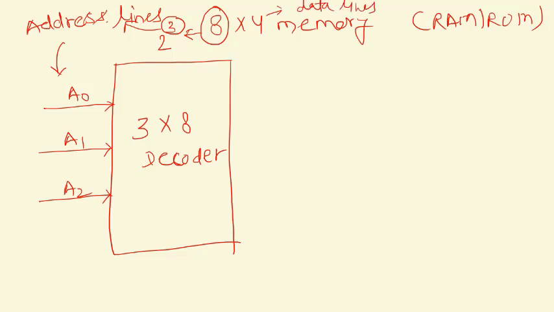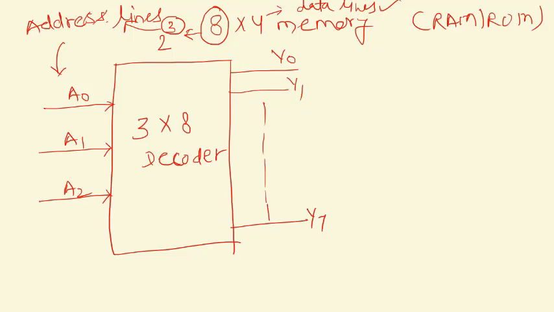And how many OR gates will be there, I will explain. For the 3 cross 8 decoder, A0, A1, A2 are inputs, also called address lines. The outputs are Y0, Y1, and up to Y7.